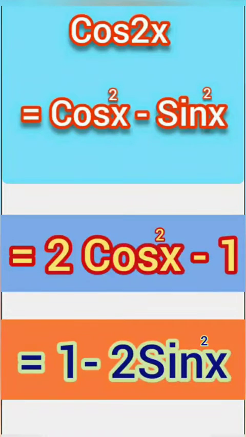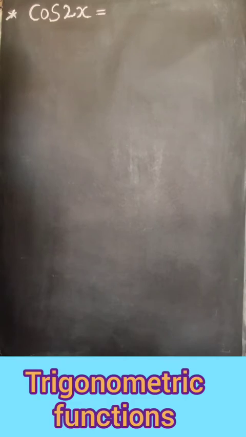Now we will prove that cos of 2x is equal to cos square x minus sine square x. This is also equal to twice cos square x minus 1. We can also write it as 1 minus twice sine square x.